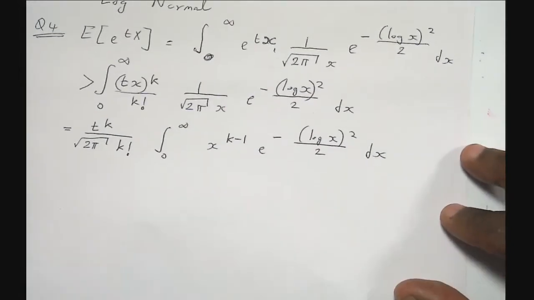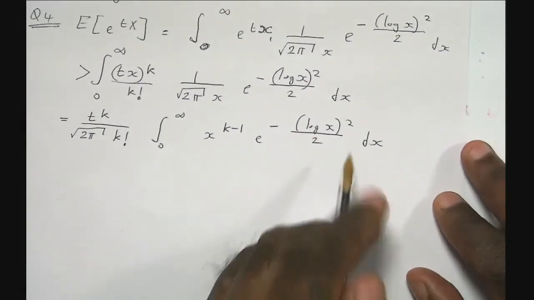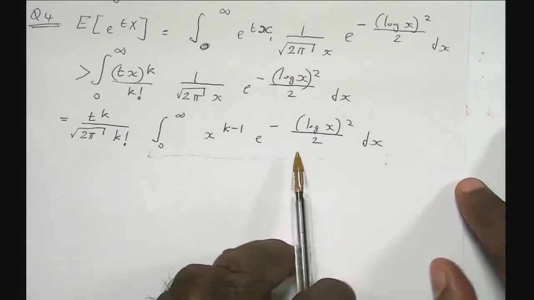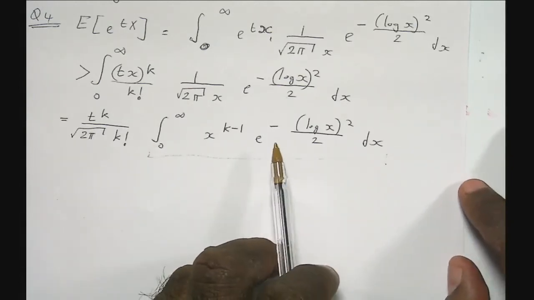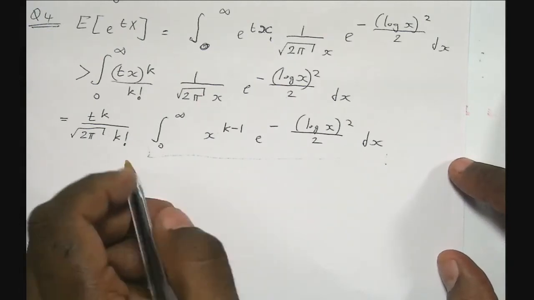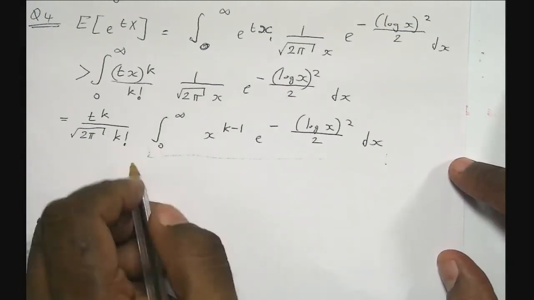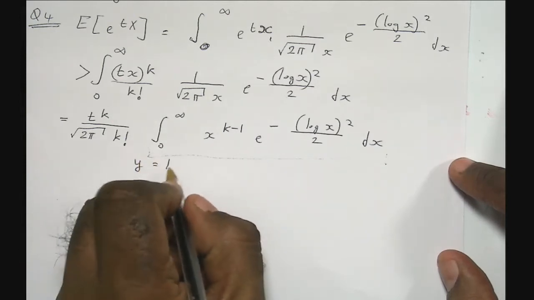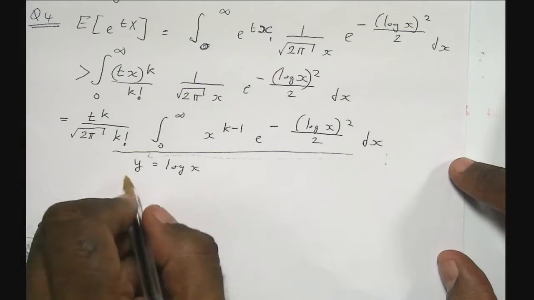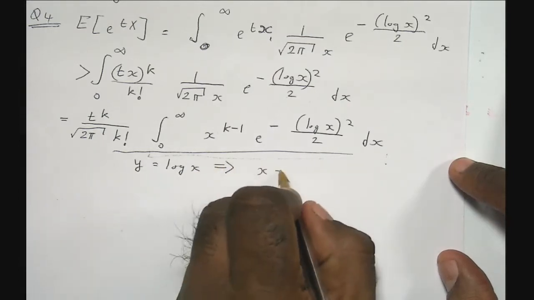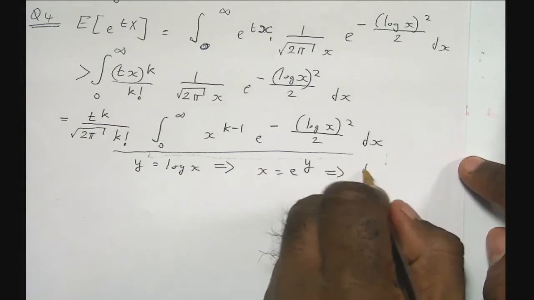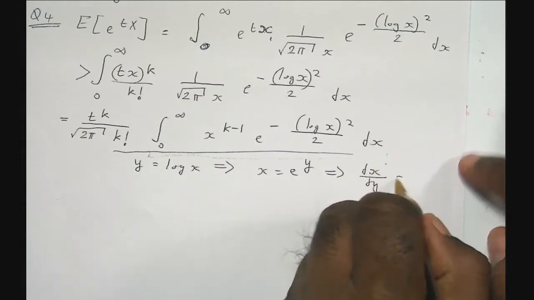Okay. Right. So this guy will become... Now I'm going to deal with this integral here. To deal with this integral, we need to make a substitution, right? So in this case, the obvious substitution to make is y equal to log of x. So if y is log of x, then x is e to the y, and dx by dy is equal to e to the y.